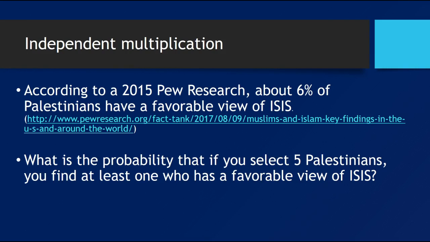It says, according to a Pew Research poll, about 6% of Palestinians had a favorable view of ISIS in the year 2015. So if we went back in time into 2015, what would the probability be that if I select 5 Palestinians, I find at least one with a favorable view of ISIS?